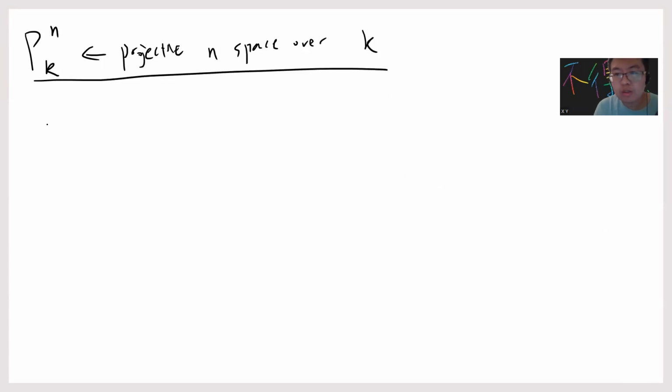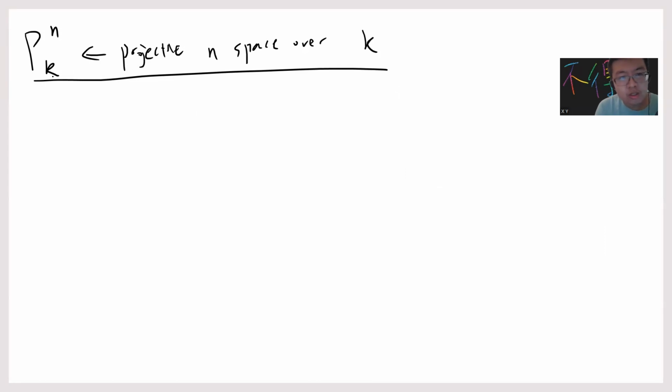Simply speaking, P^n_K is defined to be the projective n-space over K. This is also famous in algebraic topology and differential geometry.